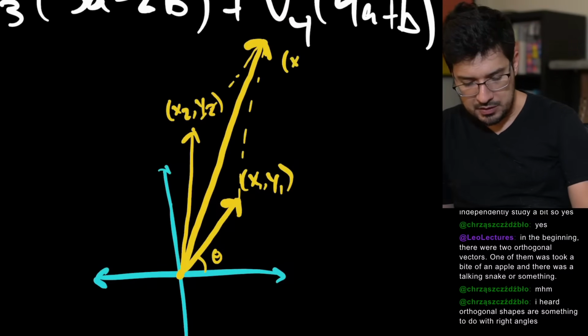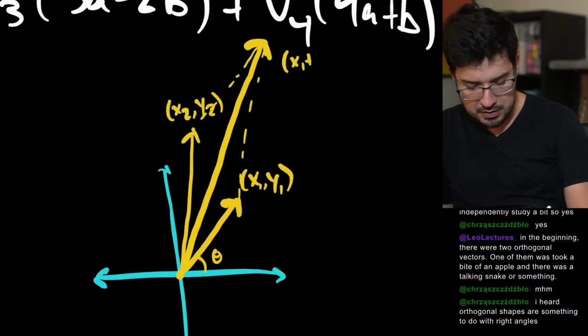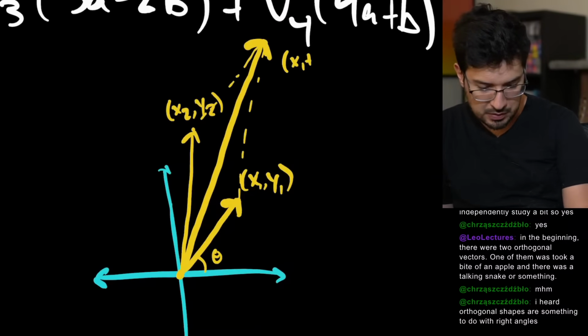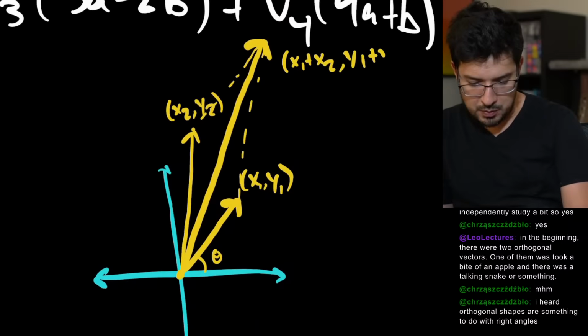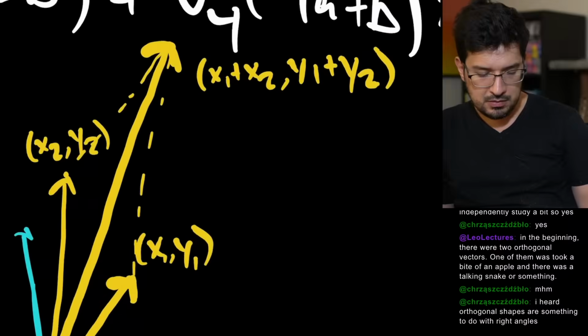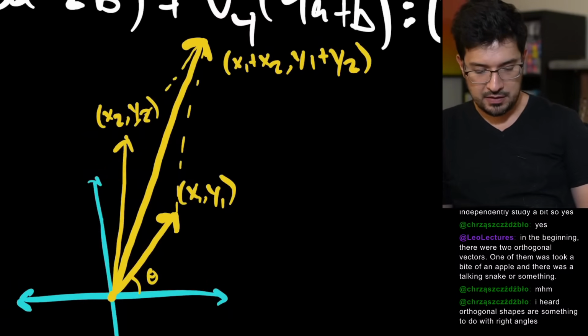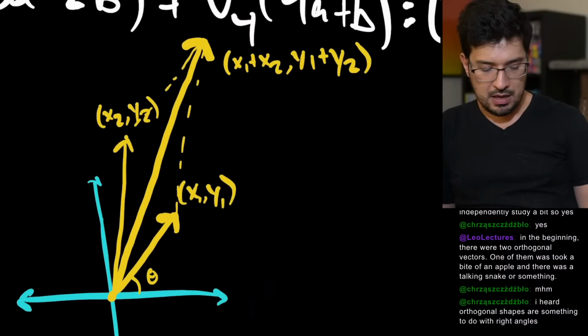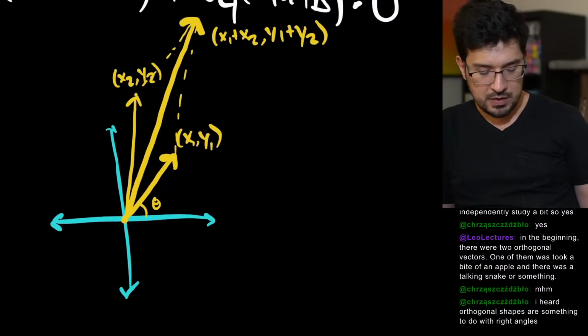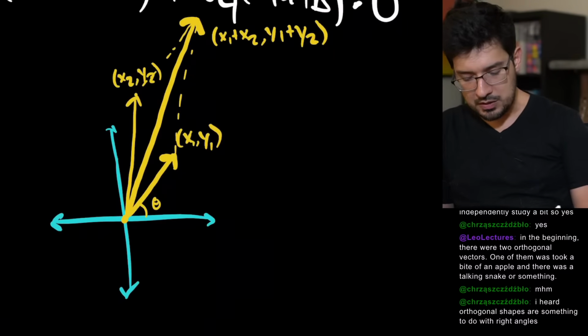This would be x1 plus x2, y1 plus y2, right? You can add any two coordinates to find a third coordinate. That's kind of step one. So those are called vectors.